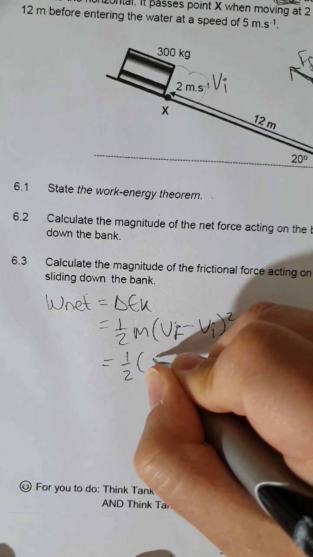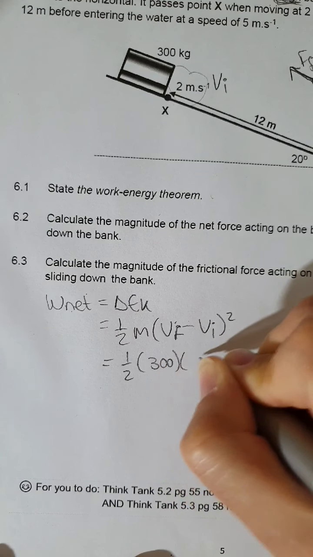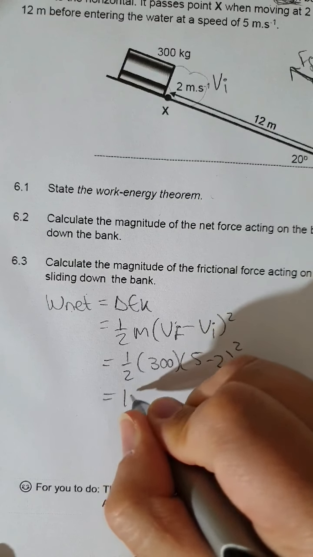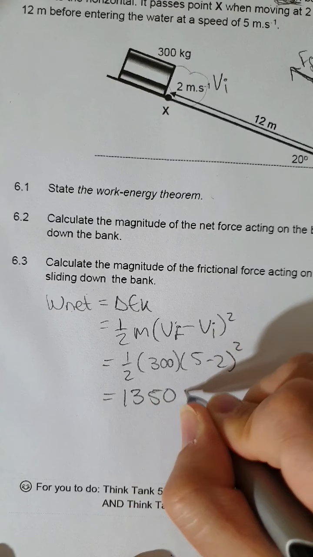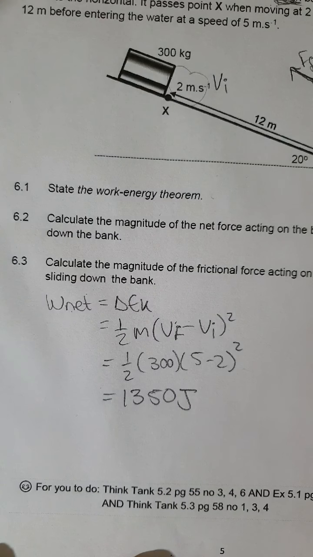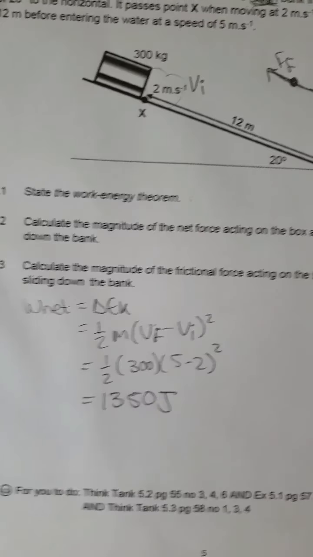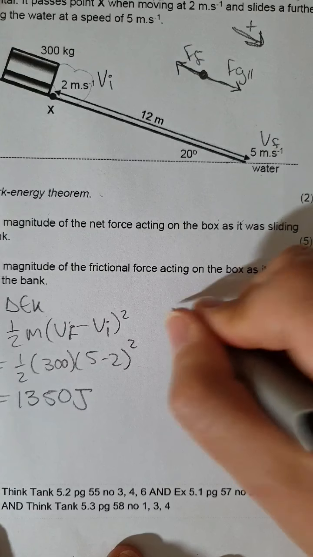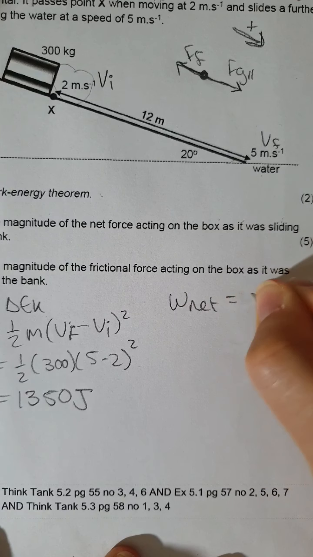Okay, so that is 300 kilograms, 5 minus 2 squared. And luckily I did this already on the calculator, so we don't have to waste time. And we know that it's 1,350 joules.